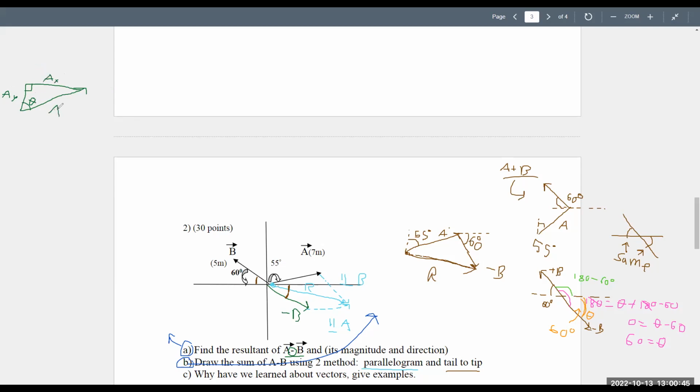And then your A, which we know is 7 meters, and you know that your theta is 55 degrees. So your AY being on the adjacent side is going to be A cosine theta, and your AX being on the opposite side is going to be A sine theta. And then you're going to do the same thing for B, right?